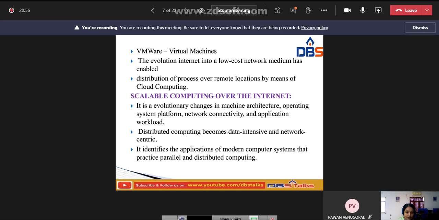Previously we were using centralized computers to solve computational problems. Now we are using parallel and distributed computing systems that use multiple computers to solve large problems over the internet. A parallel computing system consists of multiple processors that communicate with each other using shared memory.